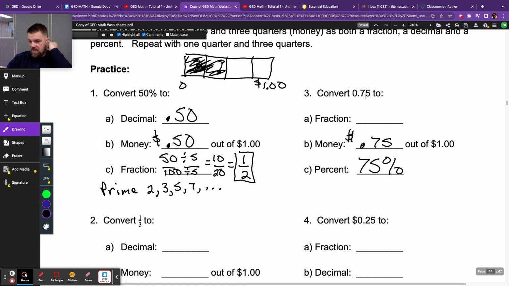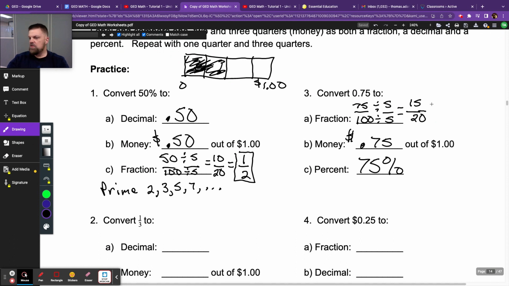Now, as a fraction, we do that same thing we did before. We're going to say 75 over 100. And I'm going to divide the top by 5 and the bottom by 5. 75 divided by 5, I think it's 15. And then 20 is 100 divided by 5. Now look at 15 and 20. Can those both be divided by 5?